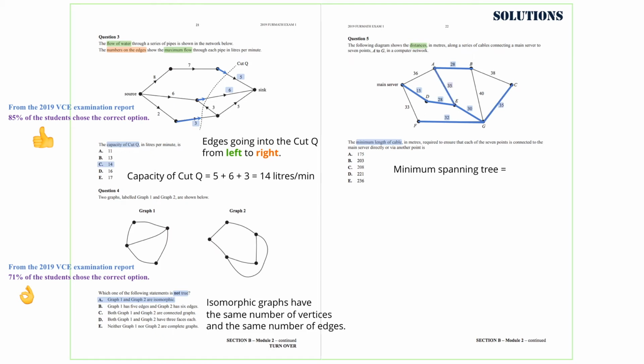The length of the minimum spanning tree then is 15 plus 2 times 28 plus 30 plus 32 plus 2 times 35, which is equal to 203 meters. So the answer we are after is option B. From the 2019 VCE examination report, 75% of the students chose the correct option.